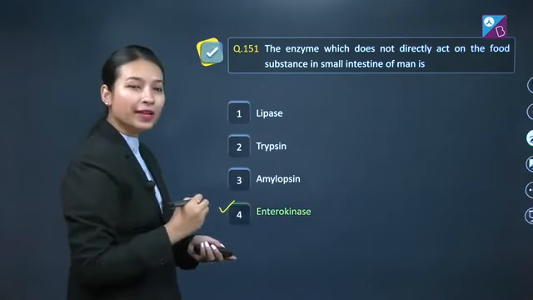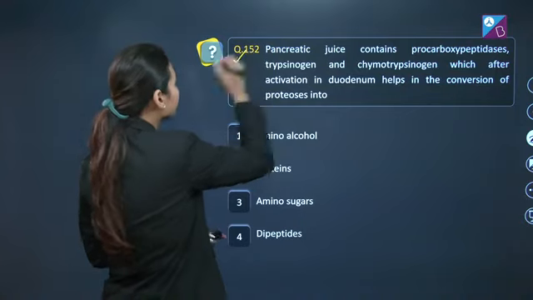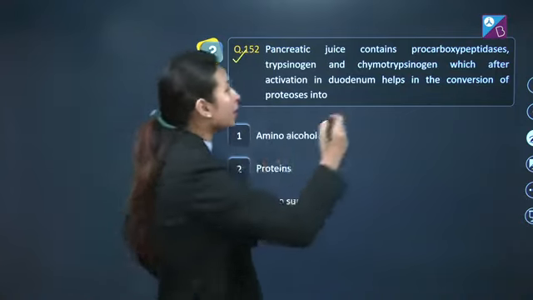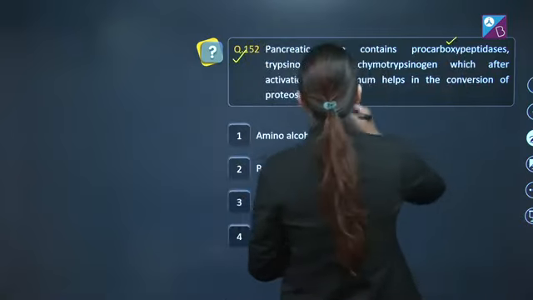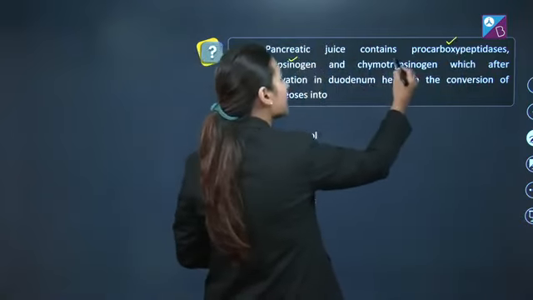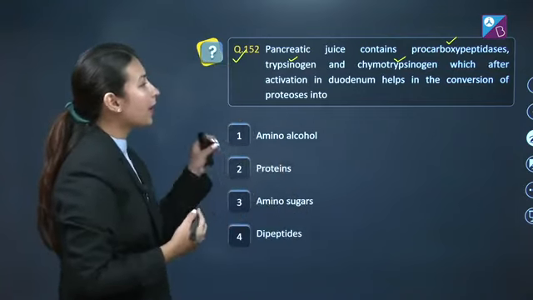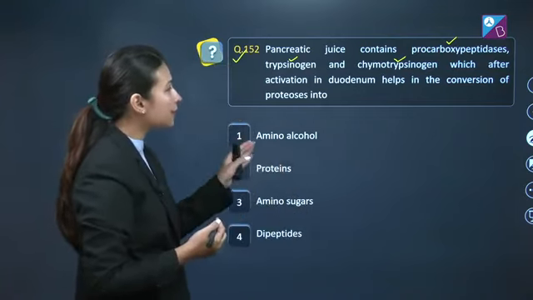Now let's move on to the next question, question number 152, which states: pancreatic juice contains procarboxypeptidases, trypsinogen and chymotrypsinogen, which after activation in duodenum help in the conversion of proteoses into.